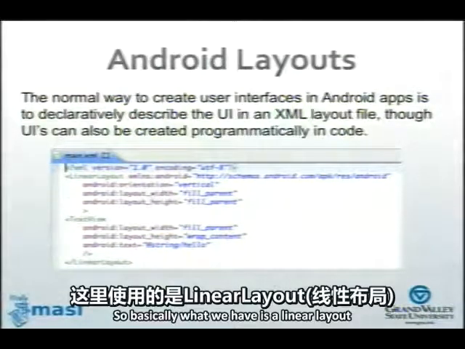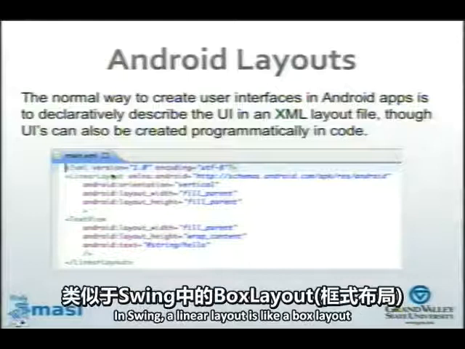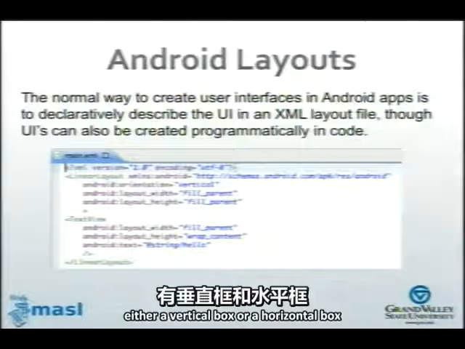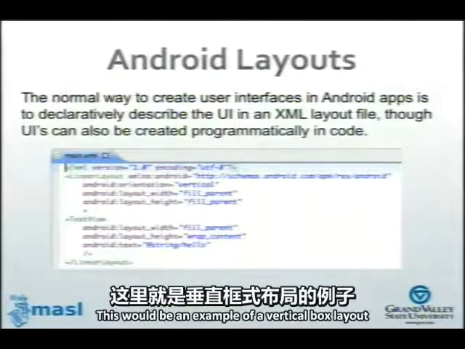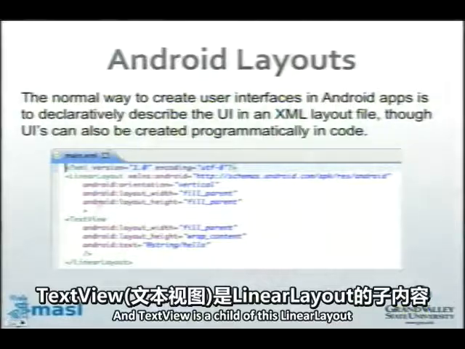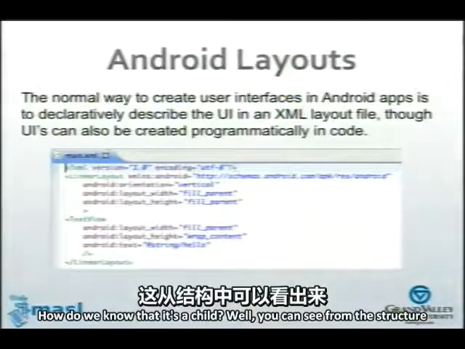Basically what we have is a linear layout. In Swing, a linear layout is like a box layout. If you remember in Swing, we have either a vertical box or a horizontal box. This will be an example of a vertical box layout. And text view is a child of this linear layout. How do we know that this is a child?